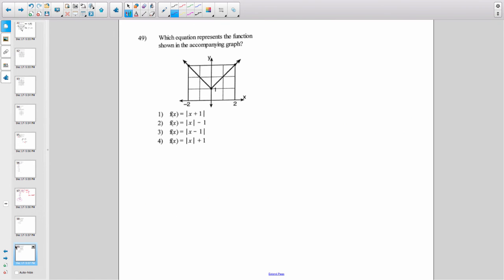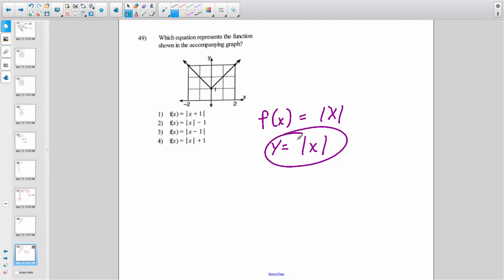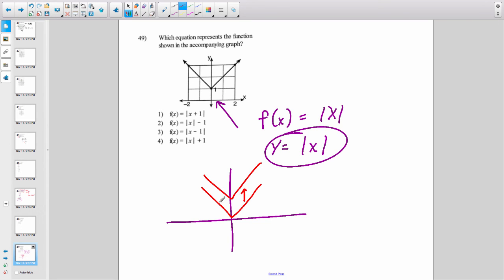Use your calculator for this, obviously, but the theory behind it is I've got these absolute value functions like that. Now how did I go from this to a picture like this when you know that normally an absolute value is centered on the origin like this? Very nice and symmetrical. How did it end up here? What caused that? So it's pretty easy to see that it got shifted up by 1.